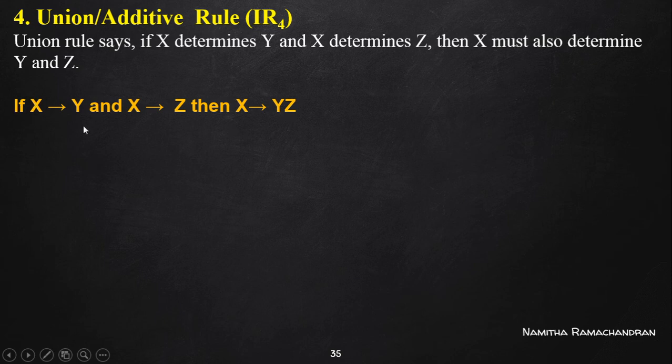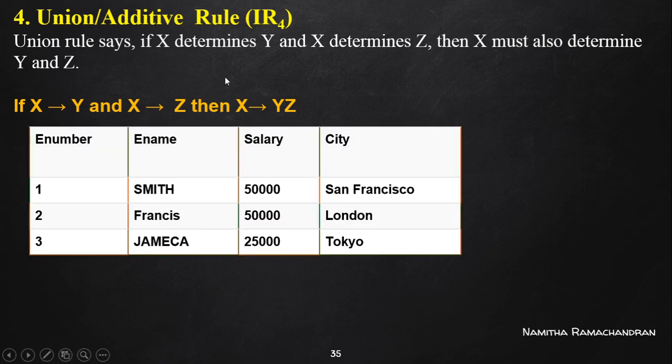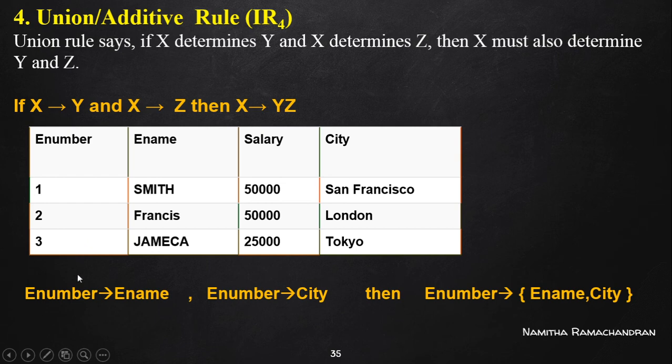If X implies Y and X implies Z are valid, then X implies Y and Z is valid. That means using these two, we can infer this particular dependency with the help of this union or additive rule. Consider the example.